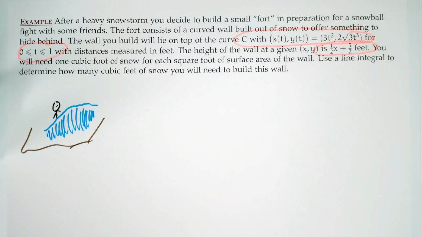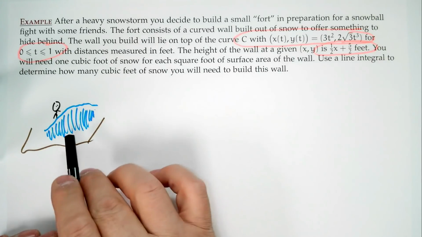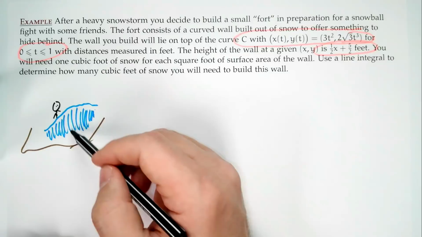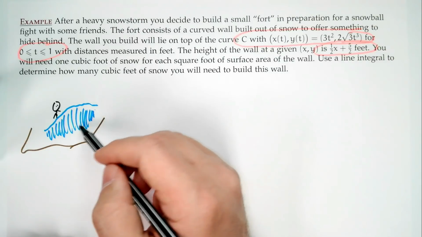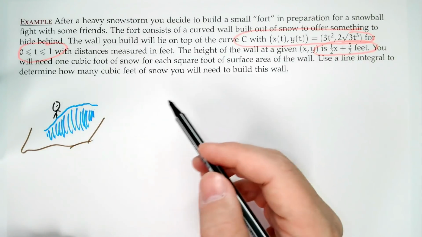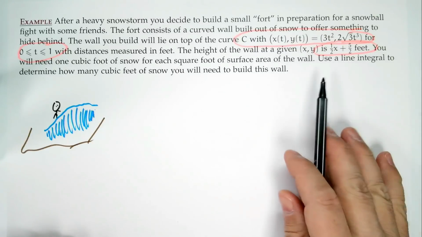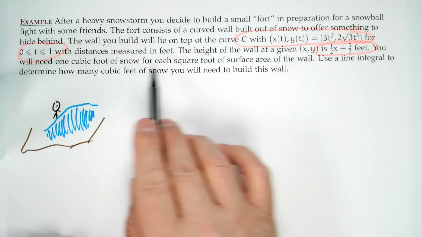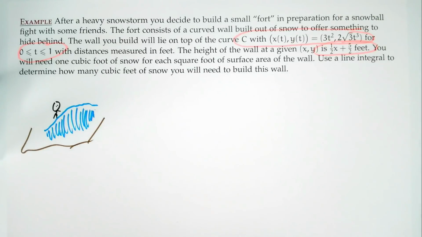Now, what do we want? Well, if we can find the area of this, so in other words, you can think of this as almost like, maybe it's like drapes you're hanging down. So if we can find the area, that will tell us how much snow we need. Because if you look, what does it say? You will need 1 cubic foot of snow for each square foot of the surface area of the wall.